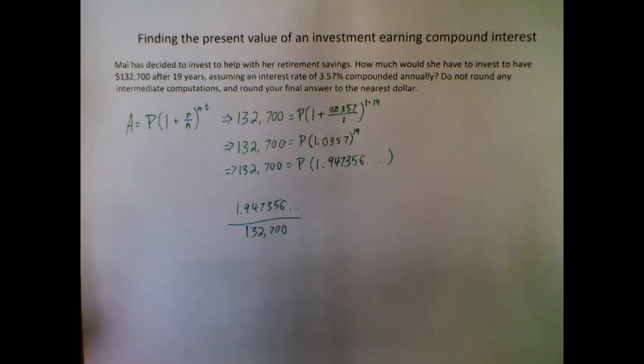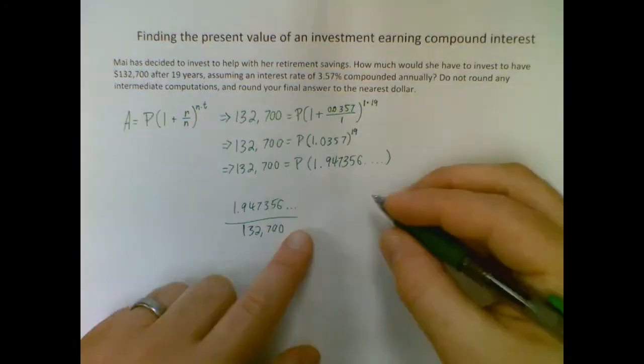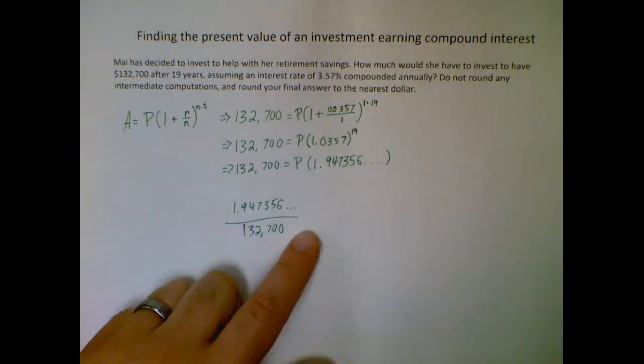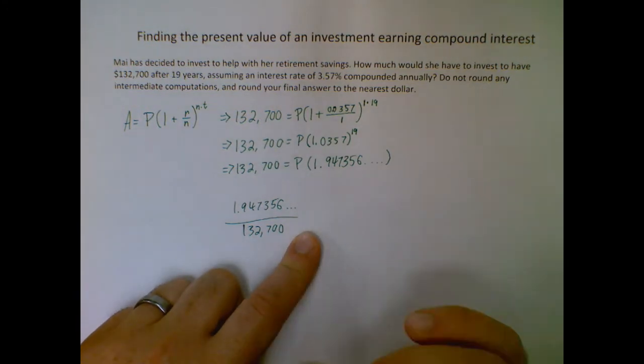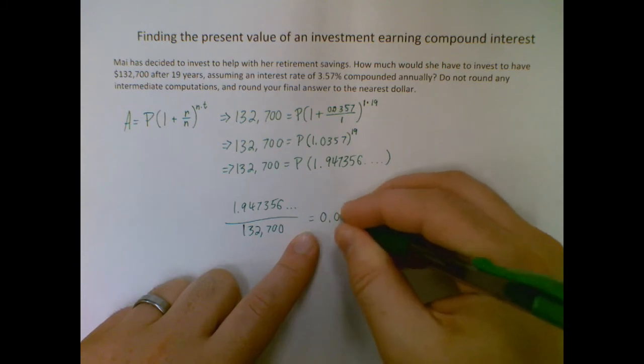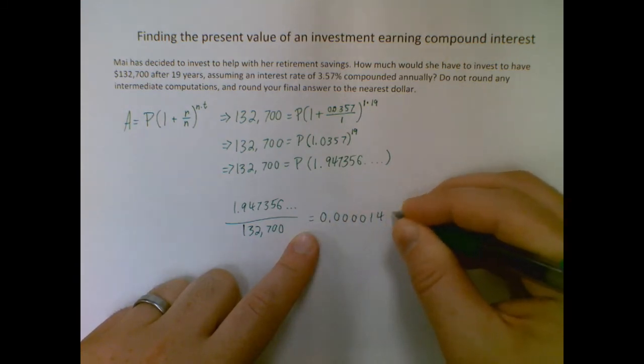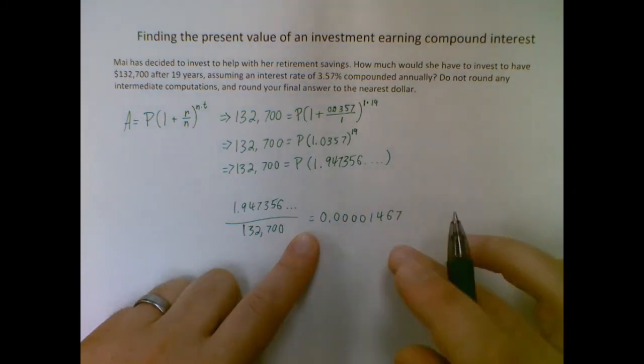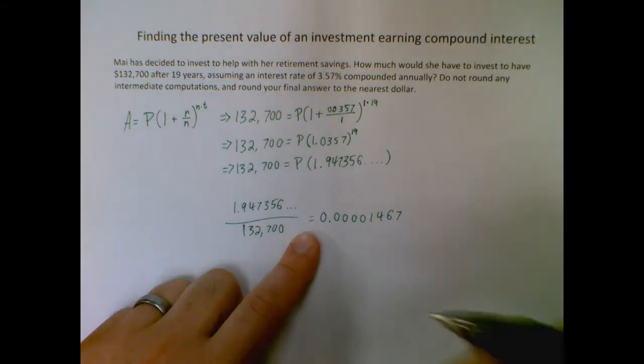I know. We're going to flip it back in a second. So let me divide by 132,700. You should have a very small number. This comes out to like 0.00001467, blah. It's very small. That's because it's upside down.